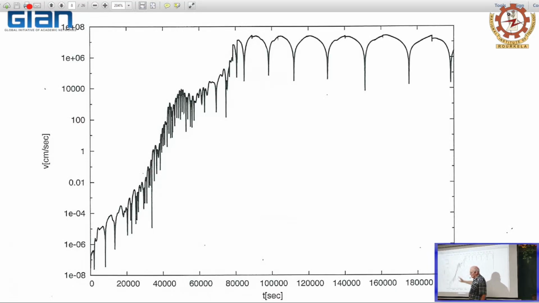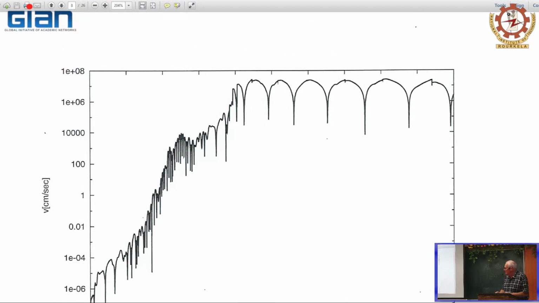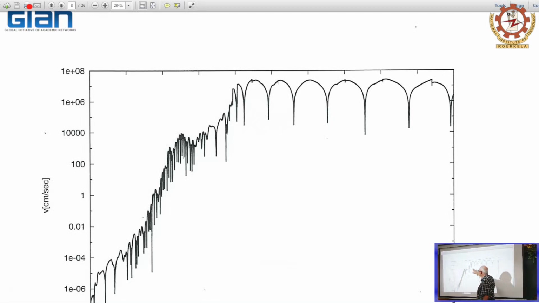But finally we get a similar result. The amplitudes saturate here at a level of 10 to 7 centimeters per second. This is also about 100 kilometers per second.